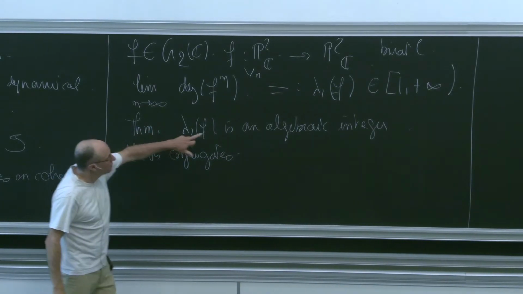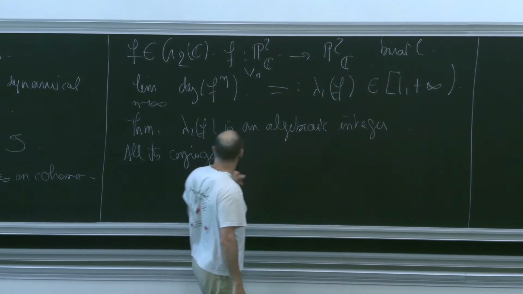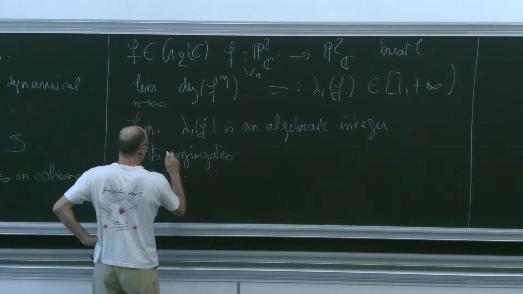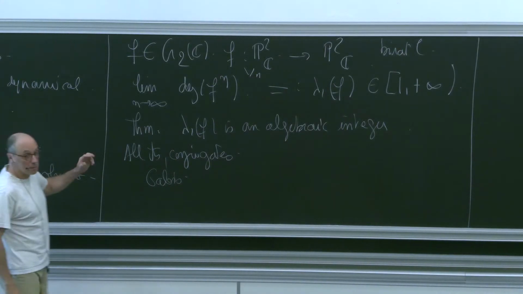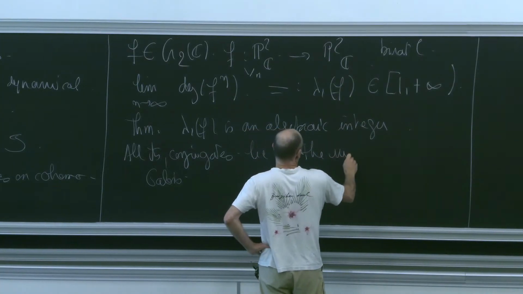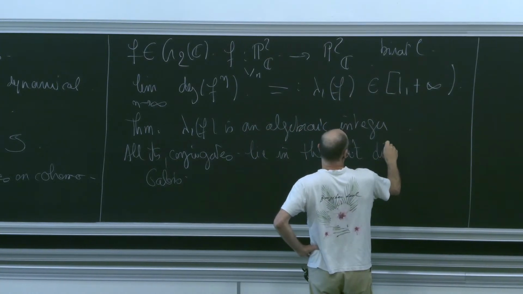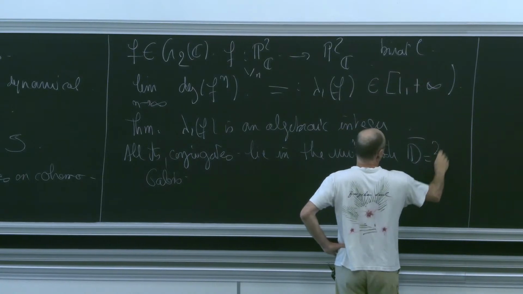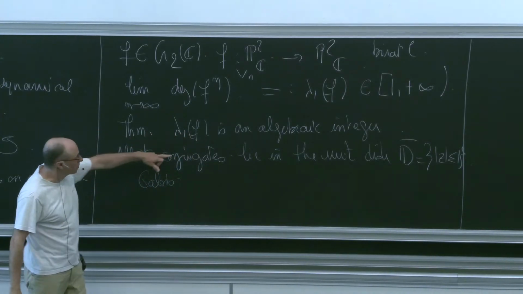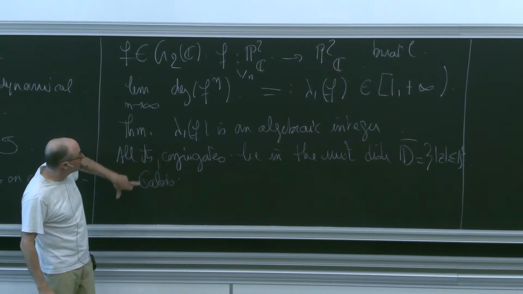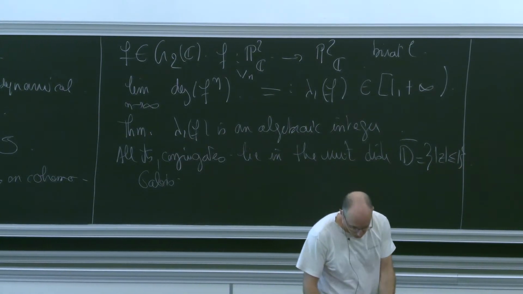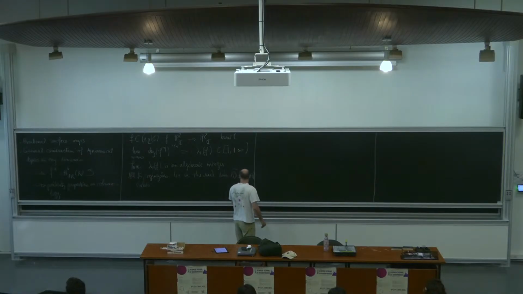So lambda 1 of F is between 1 and plus infinity, and when I'm saying all its Galois conjugates over Q bar, they lie in the closed unit disk. So when I'm saying all its Galois conjugates, of course, it's all the Galois conjugates except lambda 1. Okay. Okay, so these numbers are very special.